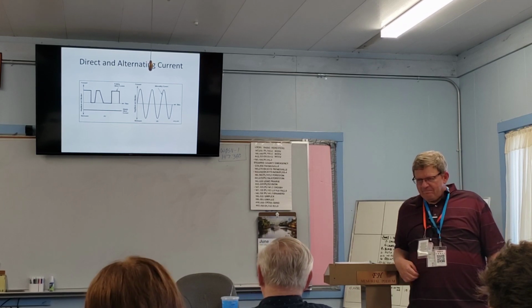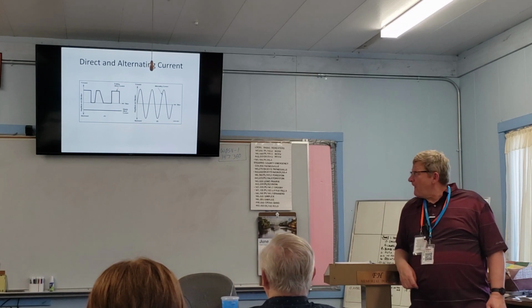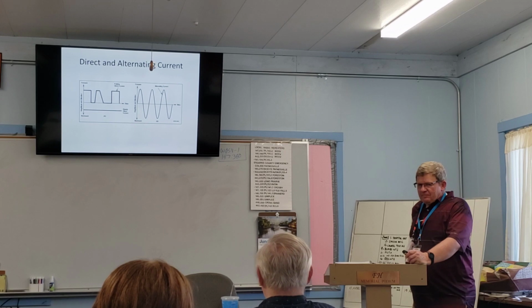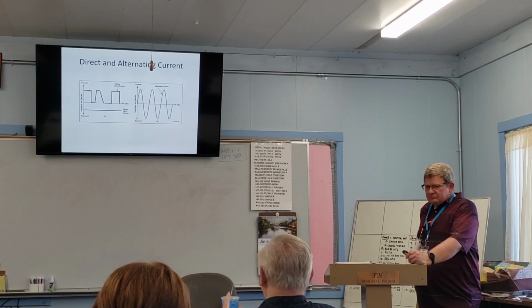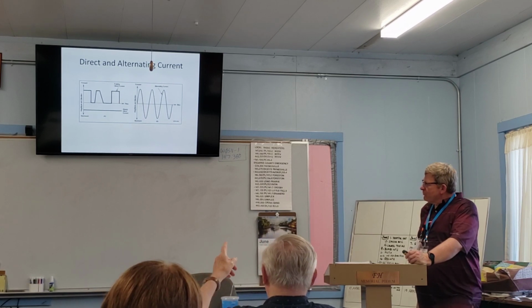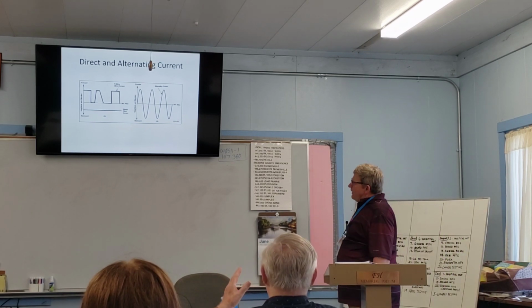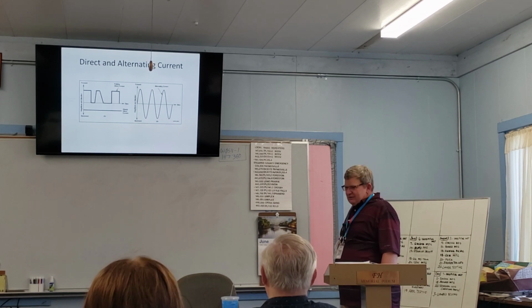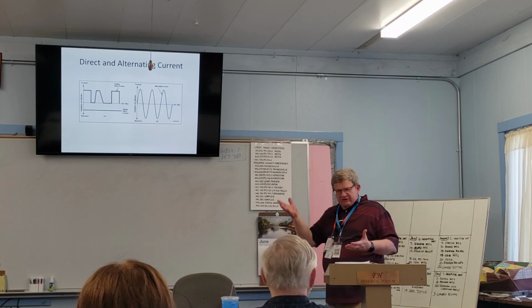Originally, I didn't have a question. I keep looking at your diagram and talking about direct and alternating. I understand the difference, but in your diagram to the left, it's got square corners, and they're not even. What is that to represent? That's representing pulsing within that direct current.